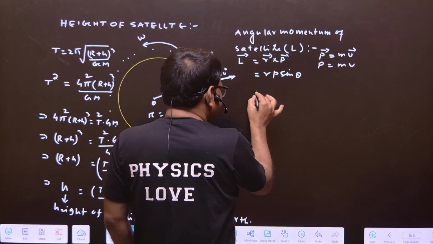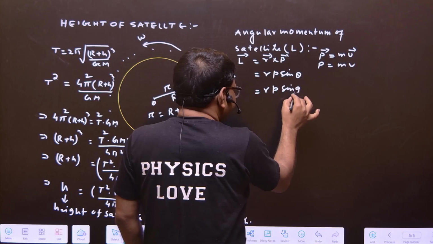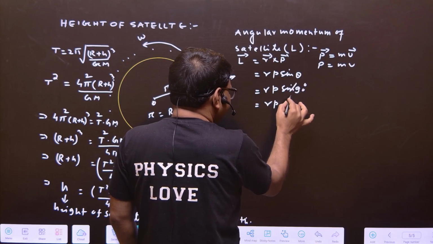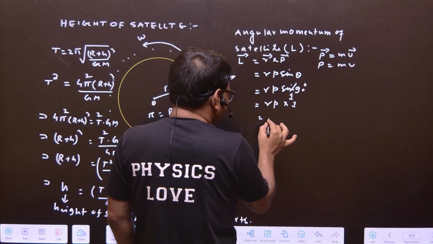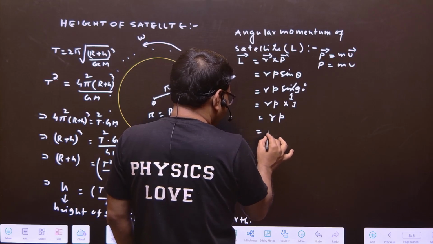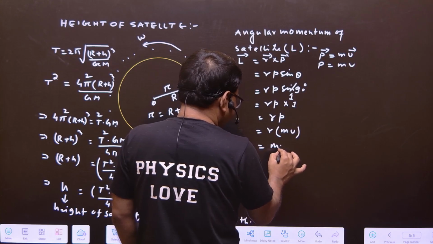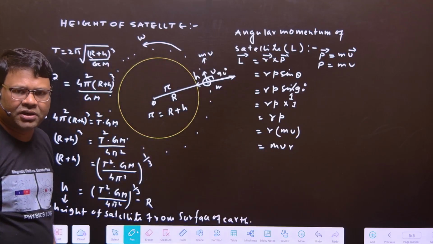That's why we can write rp with theta as 90 degree, then it will be rp sine 90. Right now, rp into 1, then we will get r into p. And rp means mvr. Here v means the orbital speed of the satellite.